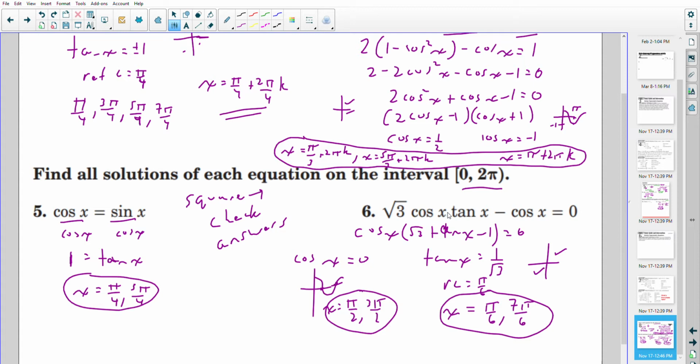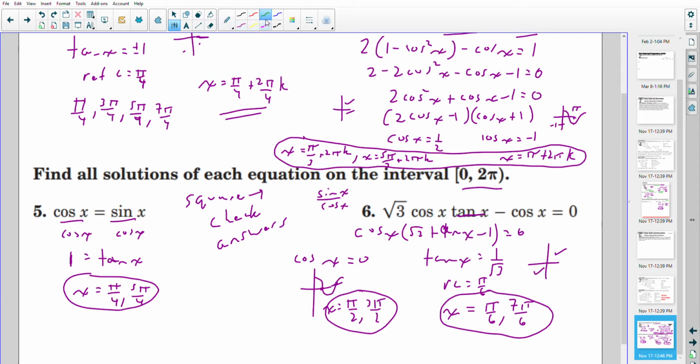If there's anything in the bottom, for example, this one has a tangent x in it, I've got to be careful here because tangent x really means sine x over cosine x. So if I have a cosine x in the bottom, then cosine x can never be 0, because if it's equal to 0, it's going to be undefined, which makes the original undefined.